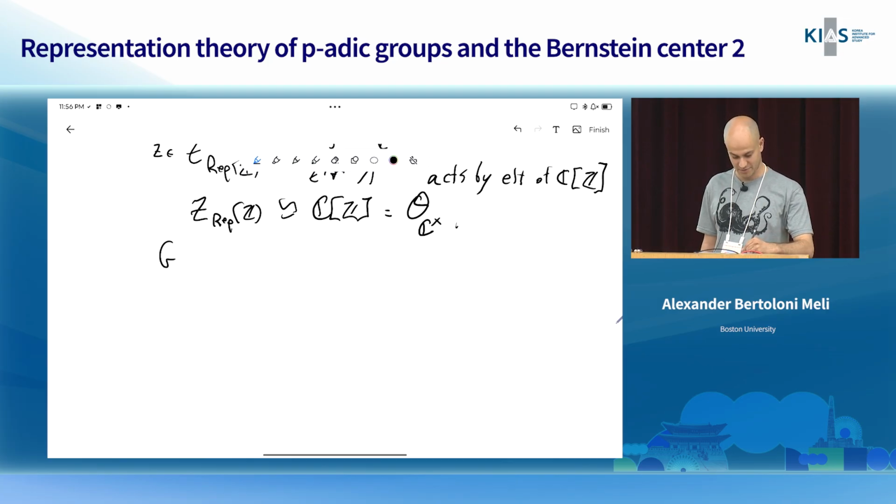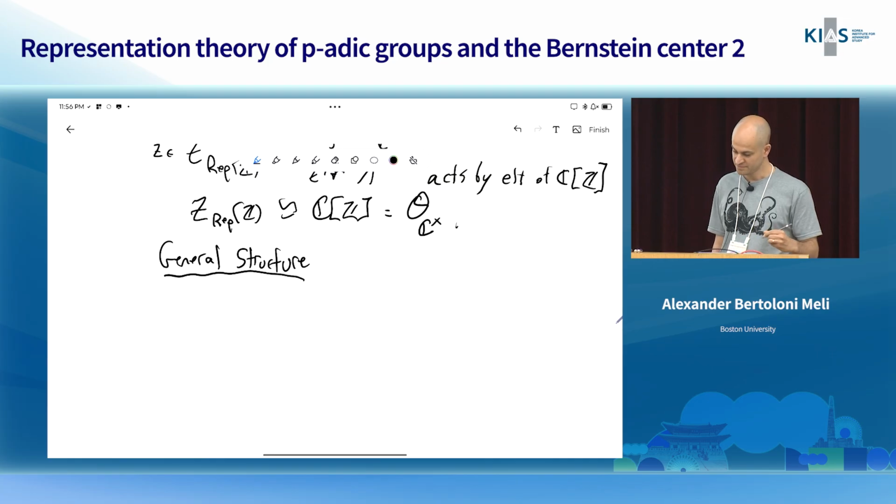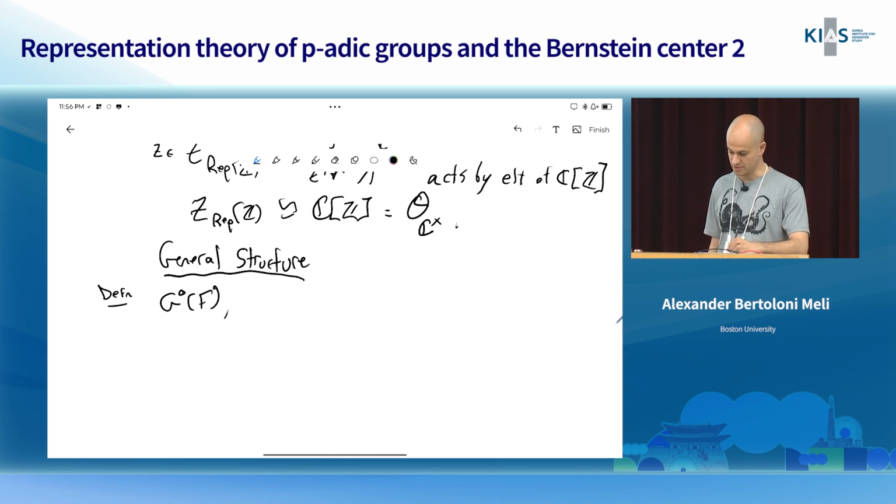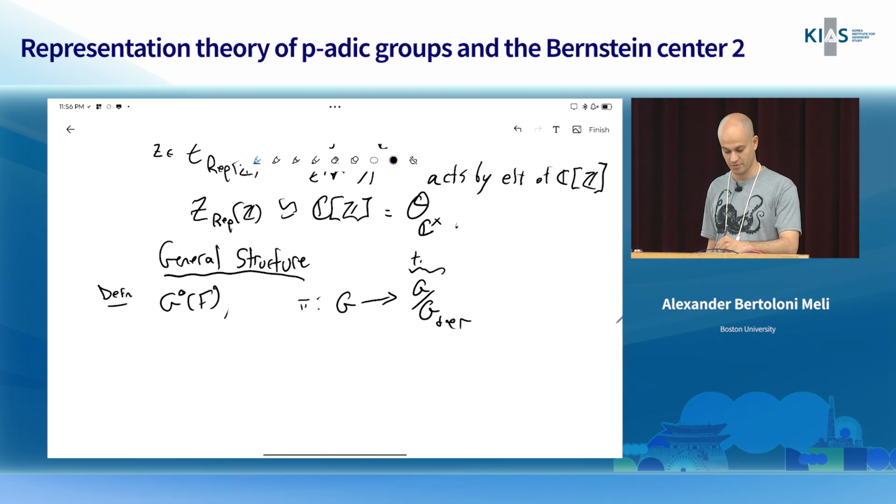Okay, so what's the general structure? Firstly, I want to define some group G0 of F in the following way. There's a map from G to G mod the derived subgroup, and this is some torus.